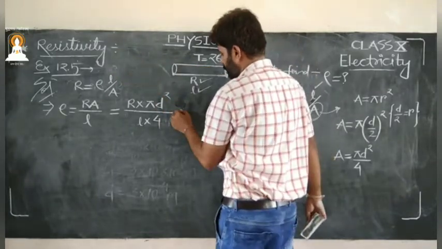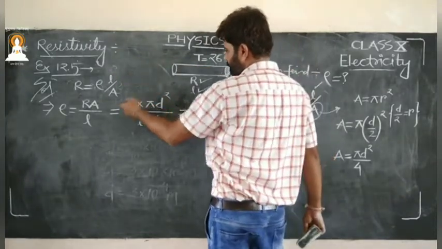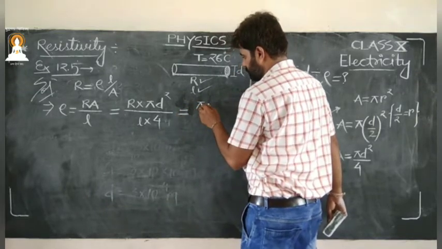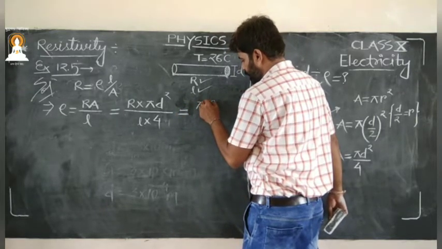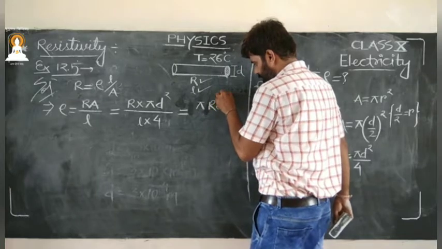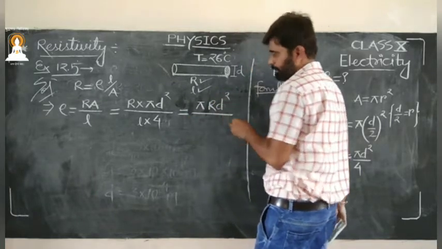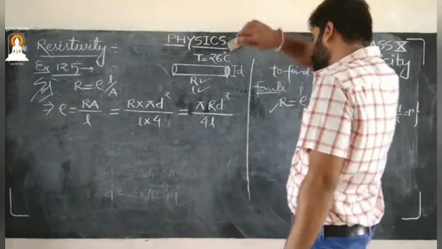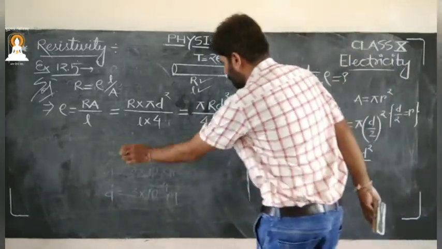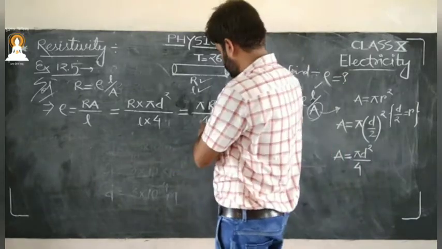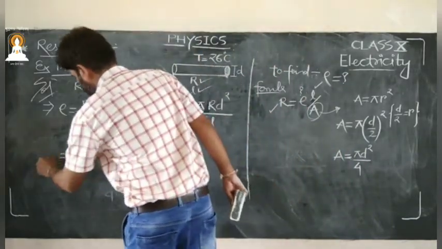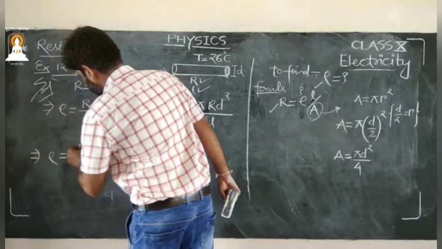Let this constant pi be at the front, so this will be pi R d square divided by 4 L. Now we know pi is 22 by 7.